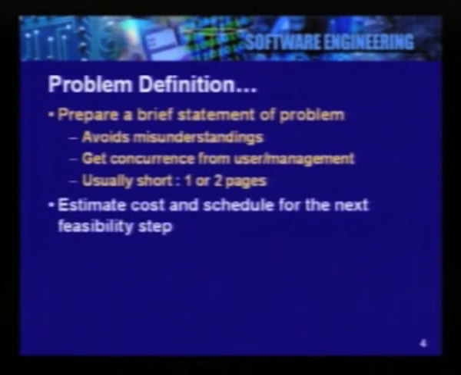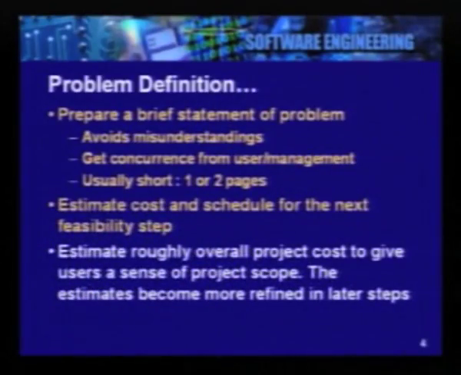Another important thing that we do during this phase is to estimate quickly the possible cost and schedule for the next step, which is the feasibility step. So, the problem definition phase will establish and define the problem. Now, we have to investigate it further. The next step which follows the problem definition is the feasibility step, and we need to commit resources for this. The management has to set aside some cost and funds for this.